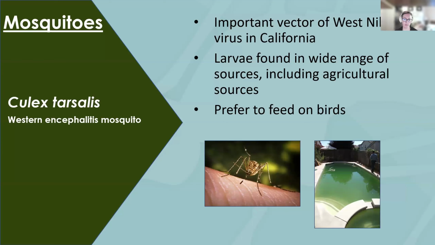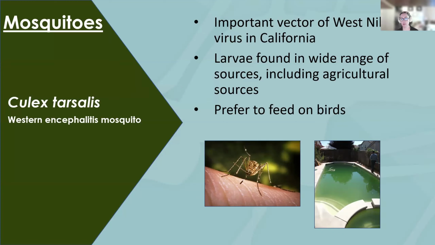As I mentioned, there are many, many species of mosquito in California, but I'll talk about just a few of the most important for public health. The first one I'll talk about, and possibly the most important, is Culex tarsalis, or the Western encephalitis mosquito. These mosquitoes in some areas of California are the primary vector of West Nile virus.